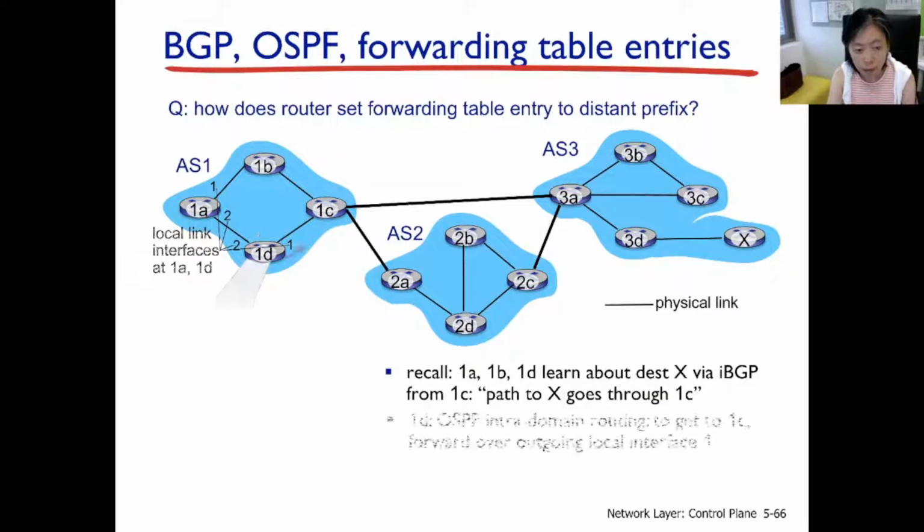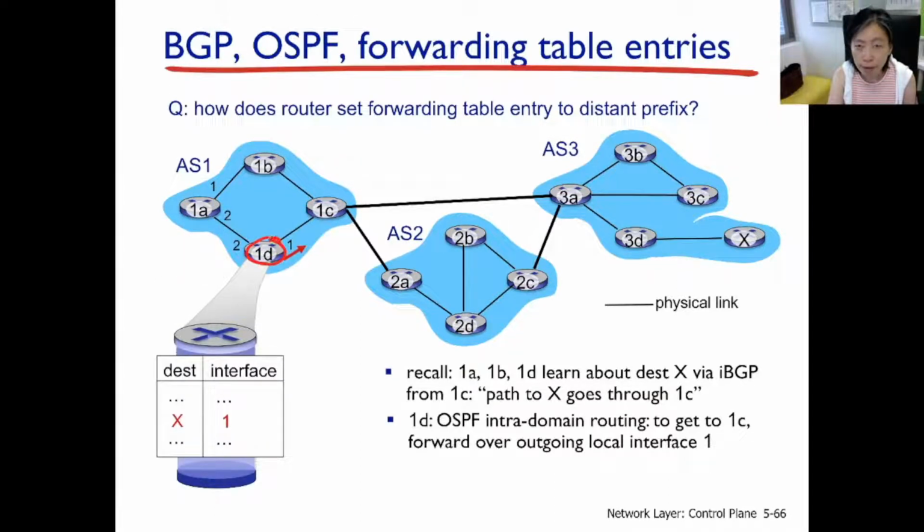Now, 1D here has discovered there is a path to destination X that is going through 1C. That is what 1D knows so far. To add an entry into the forwarding table for X, 1D needs to know exactly which interface, is it 1 or 2, that leads to 1C.